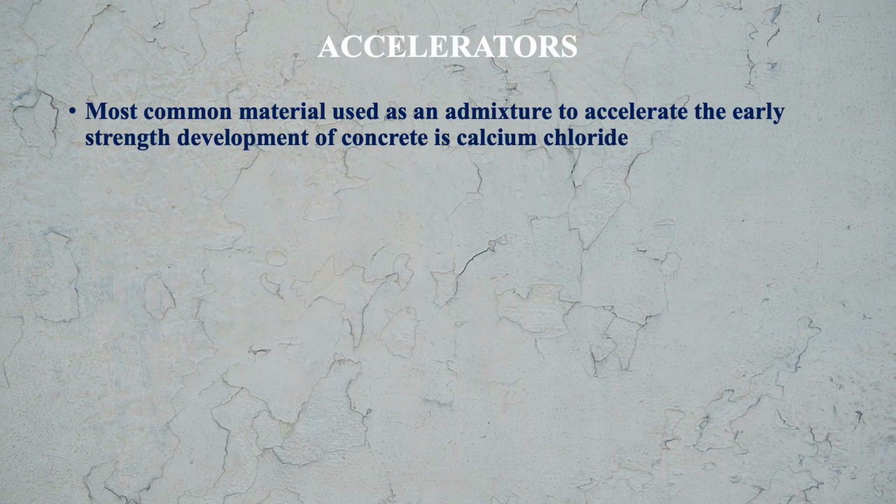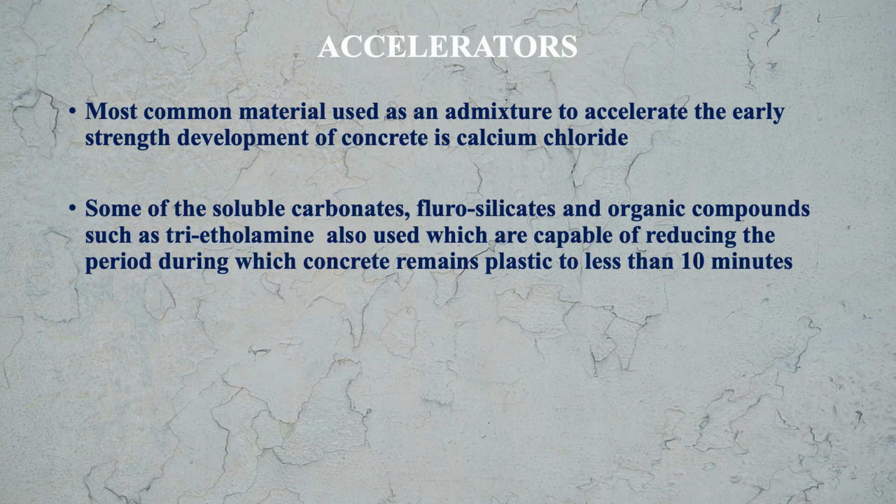The most common material used as an admixture to accelerate the early strength development of concrete is calcium chloride, CaCl2. Some of the soluble carbonates, fluorosilicates and organic compounds such as triethylamine are also used, which are capable of reducing the period during which concrete remains plastic to less than 10 minutes.